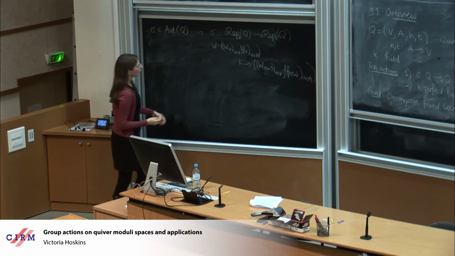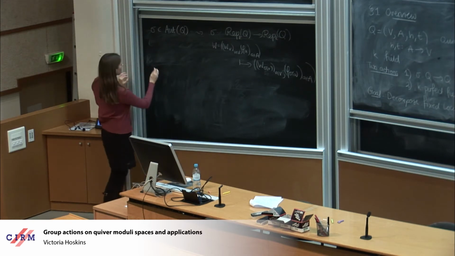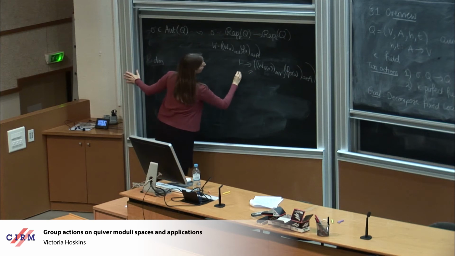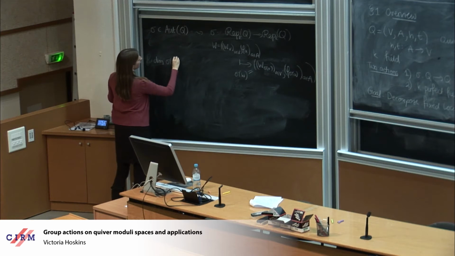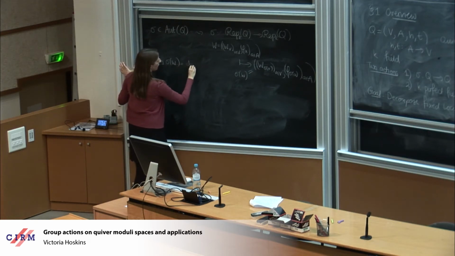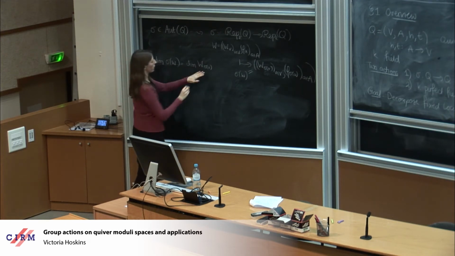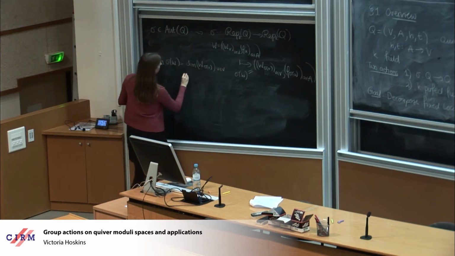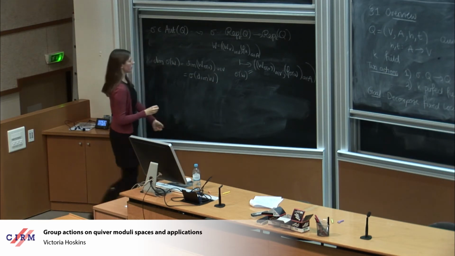And obviously the dimension changes in this. So we have that the dimension of sigma of W is now the dimension of the vector space over sigma v at each v. So we can just write this as sigma of the dimension of W.